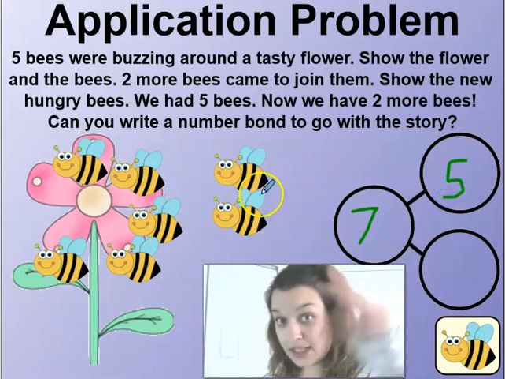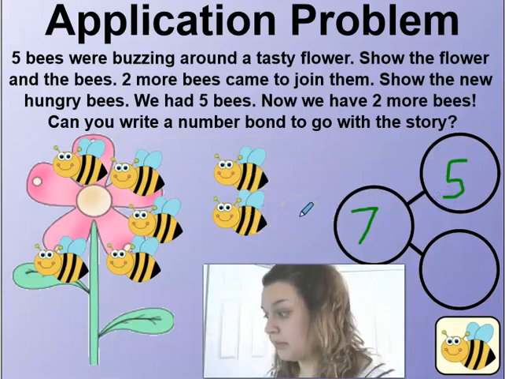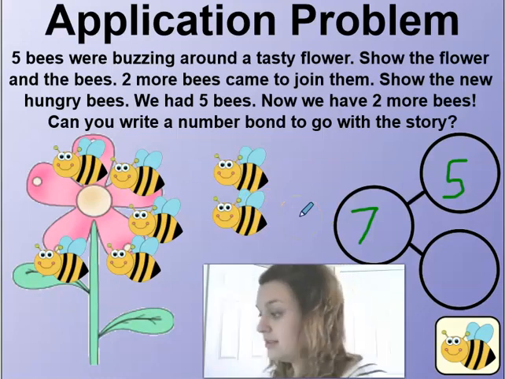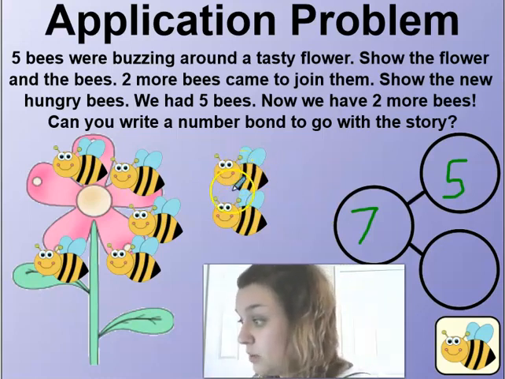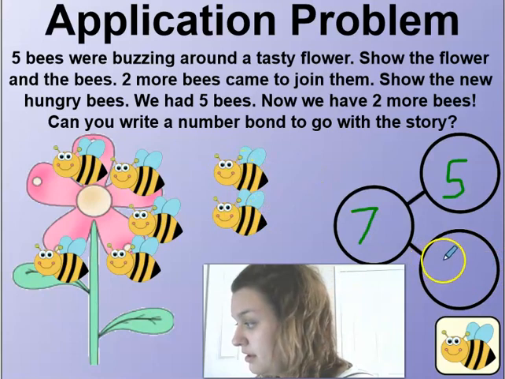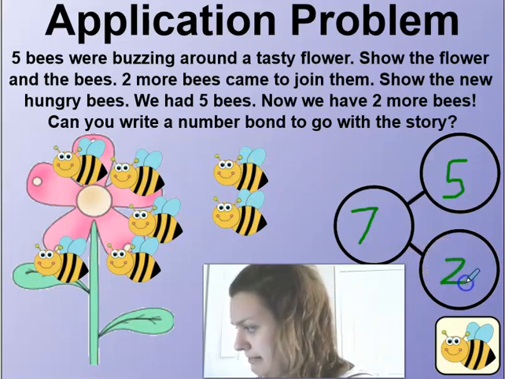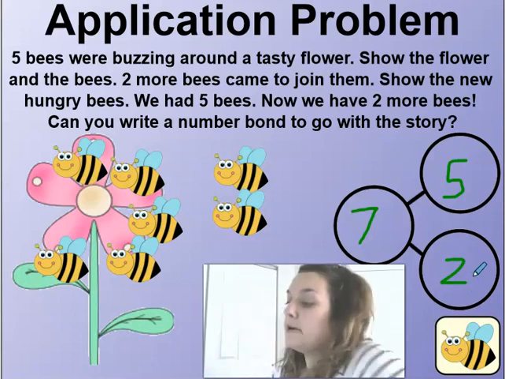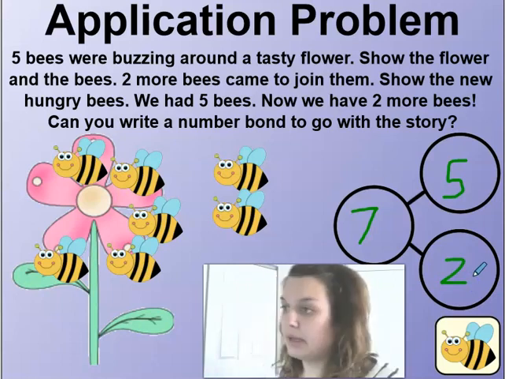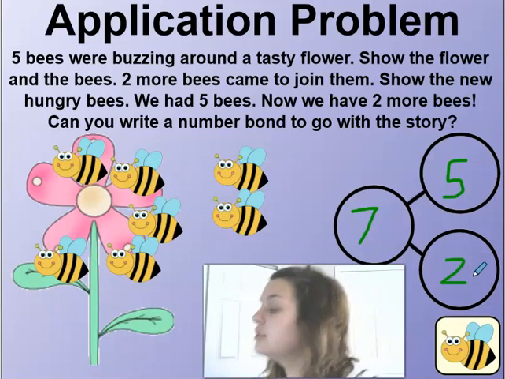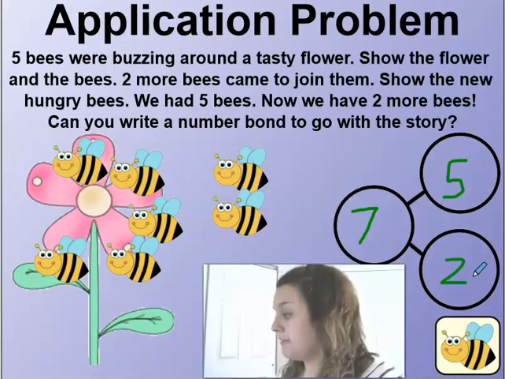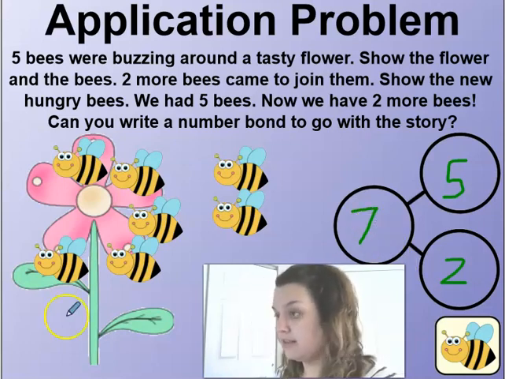And then how many bees came later? Just these 1, 2. Very good. And we've already said, it's kind of crazy too, Mrs. Merritt, huh? But I'm doing my best. So we already said 5 and 2 is 7.